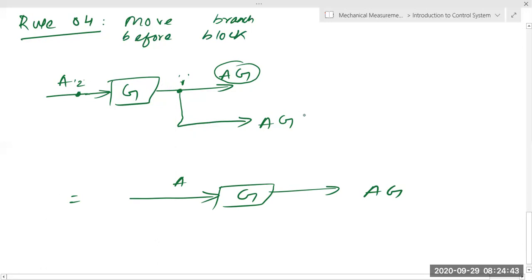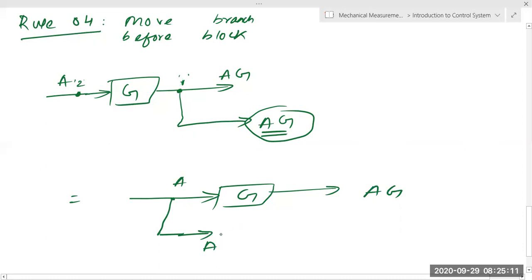But if we move the branch to point 2 instead of point 1, the signal that we get is A. The signal we want is AG. So we need a G also.